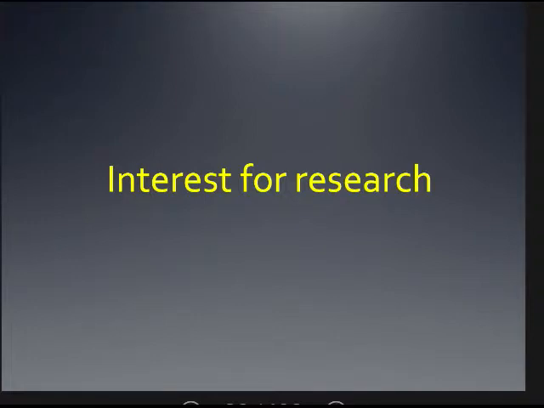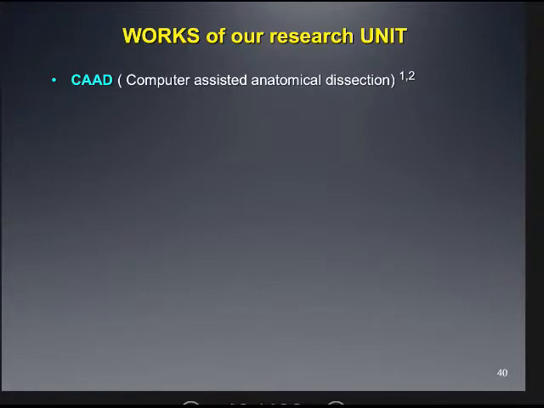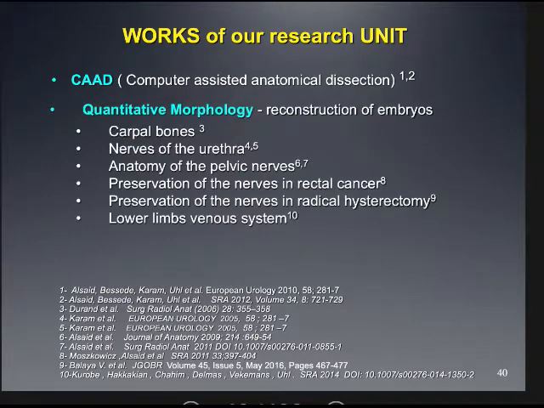Now, let's have a look at our research project that we did in the University Descartes. The first work was the computer-assisted anatomical dissection technique. It was used for a lot of papers and a lot of topics, as you see here, mainly for quantitative morphology.